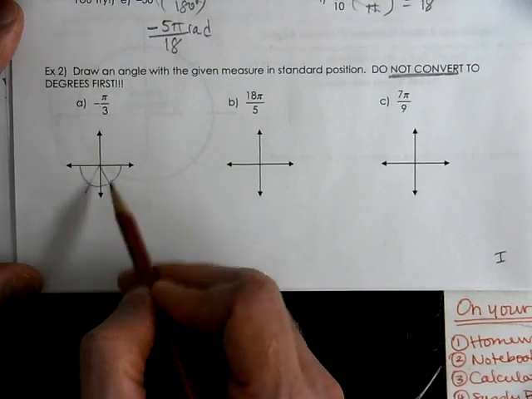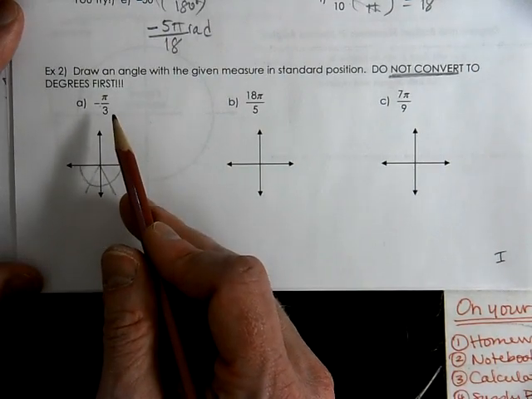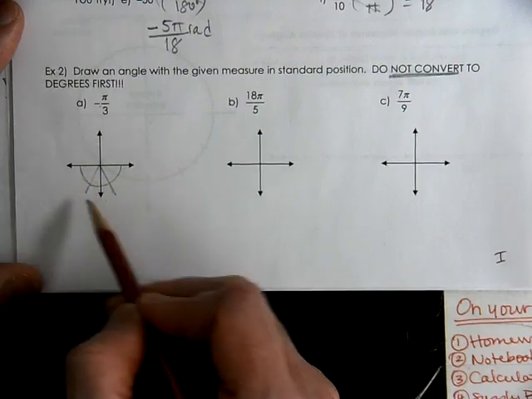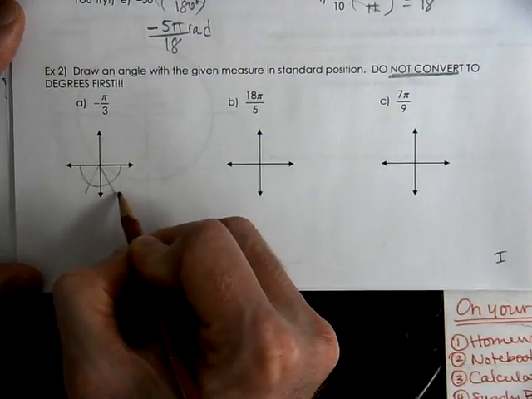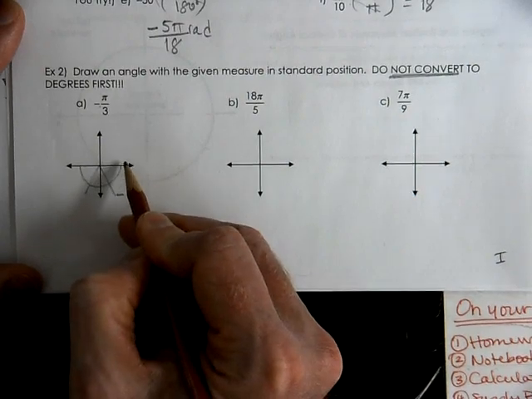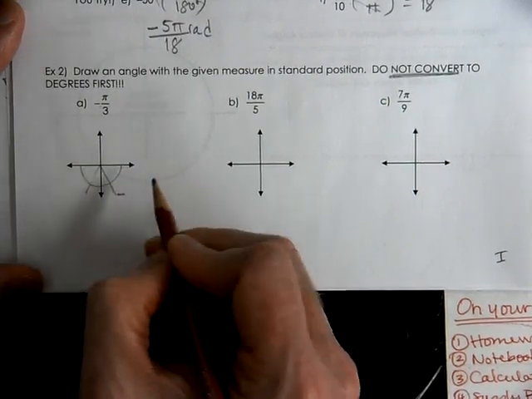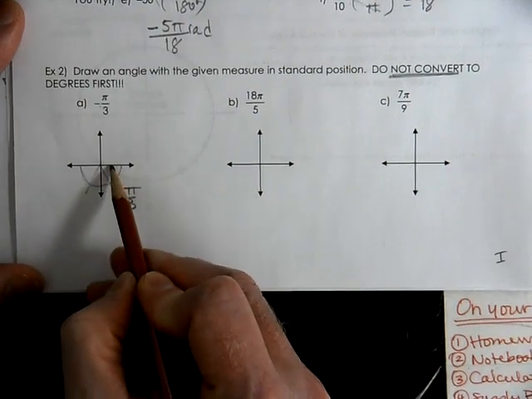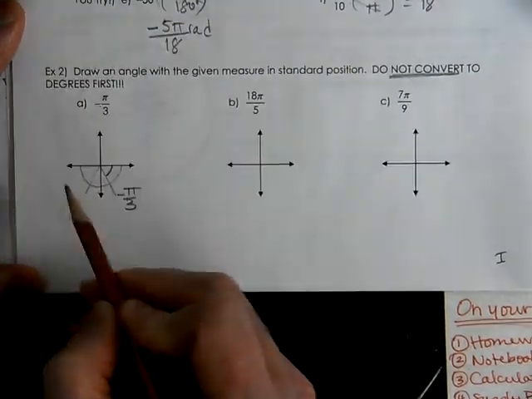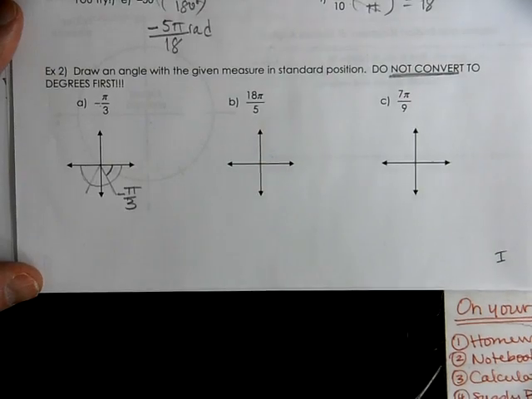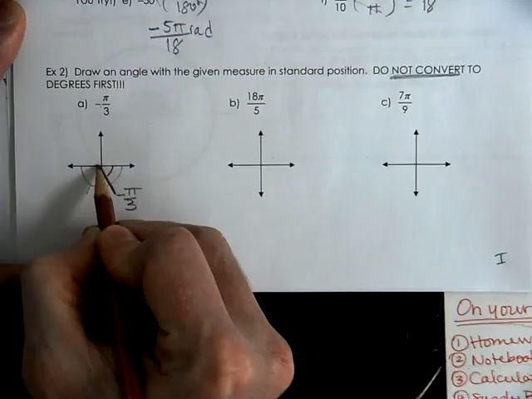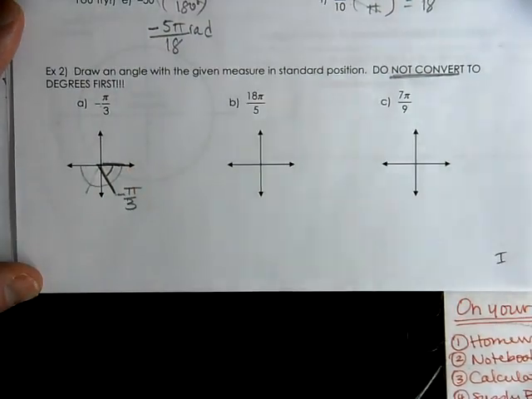You should be able to break it into equal amounts. So we only want to do one of those equal amounts. So this would be called negative because we're going down, we're going clockwise. Pi over 3 because we're doing one of the 3 amounts. That is our negative pi over 3.